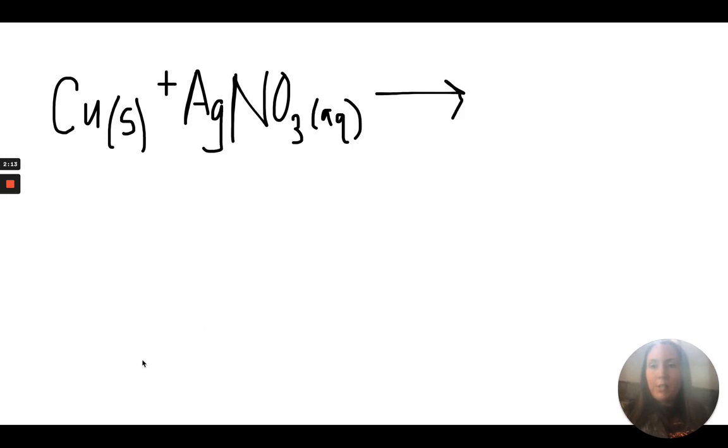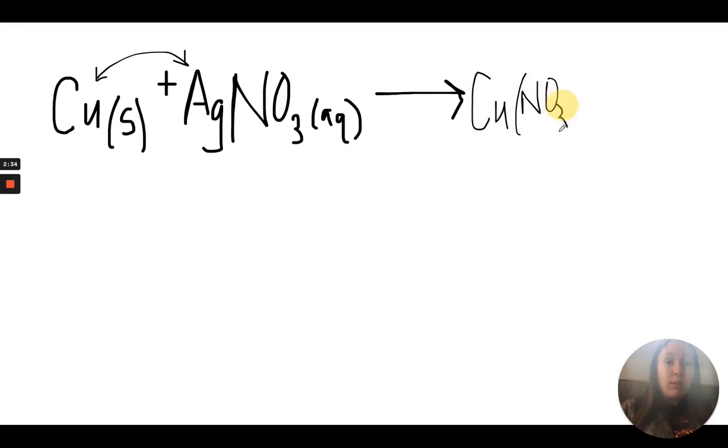So in my equation, I have copper solid plus silver nitrate aqueous. This is going to be a single replacement reaction where copper and silver are going to change places. I said copper was positive 2, so we should get copper nitrate. Nitrate's negative 1, so I need 2 of them in my formula.